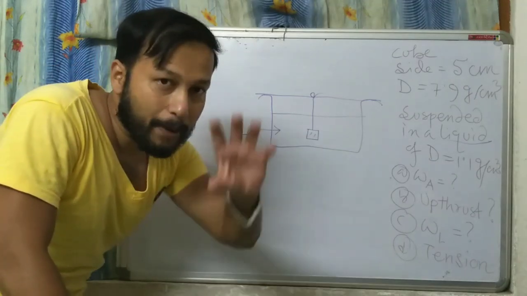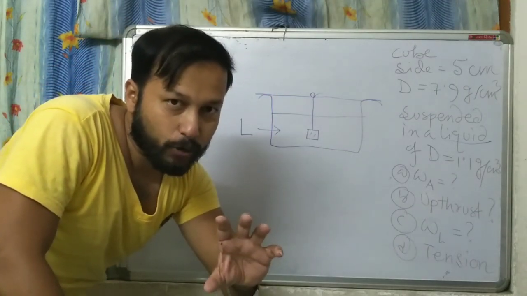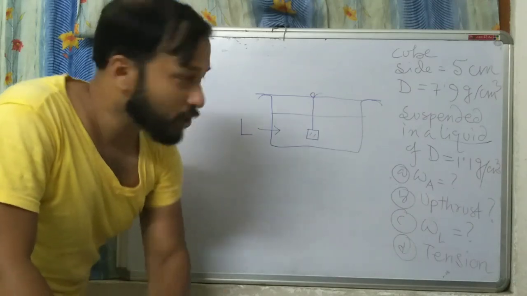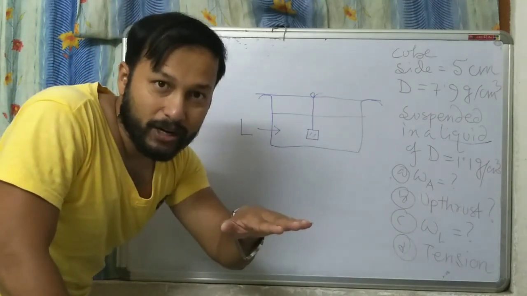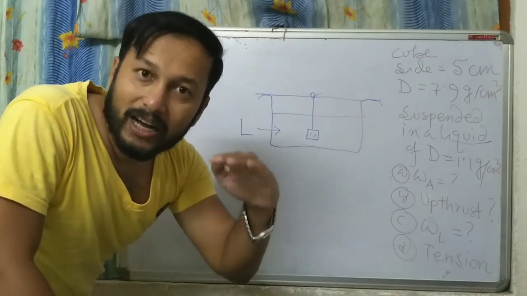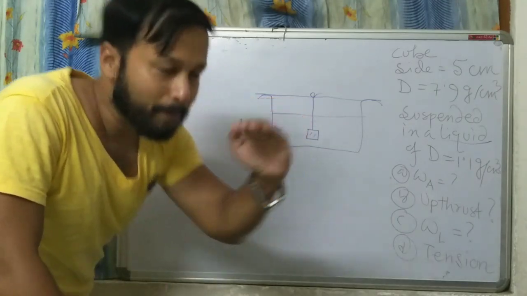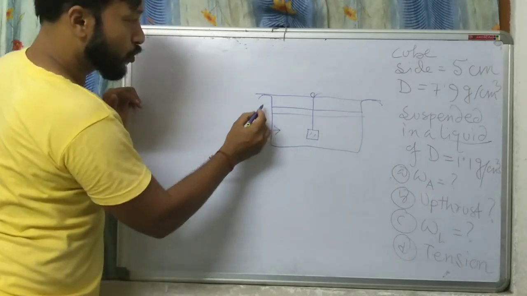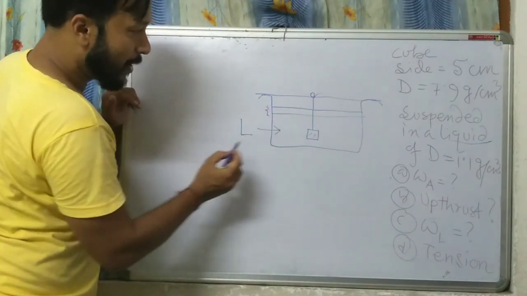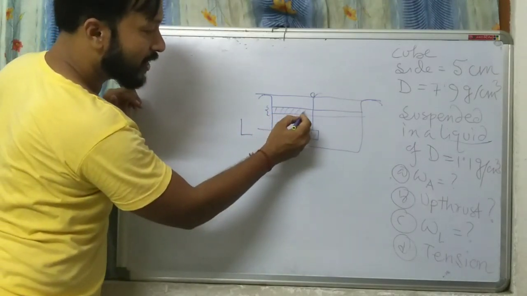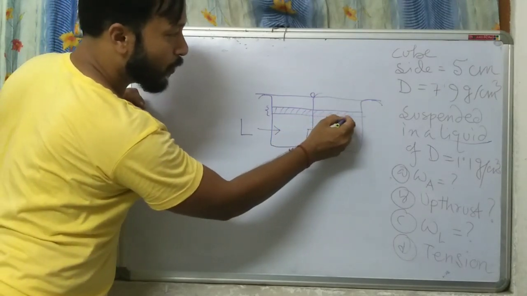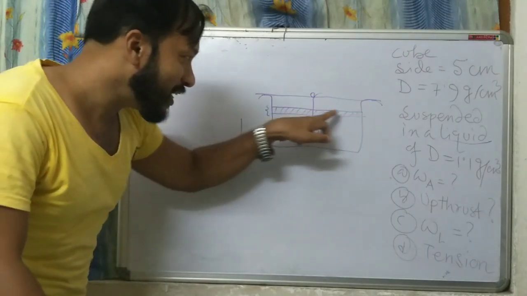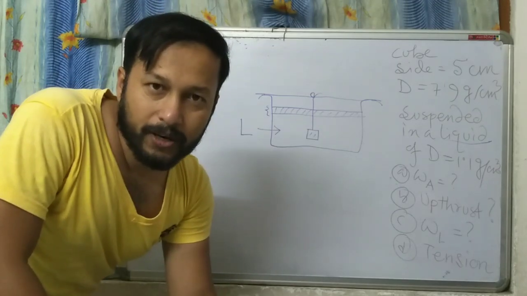But the cube is completely immersed in that liquid. So when the cube is immersed in that liquid, then the level of the liquid will go up. So this much is the displaced liquid.